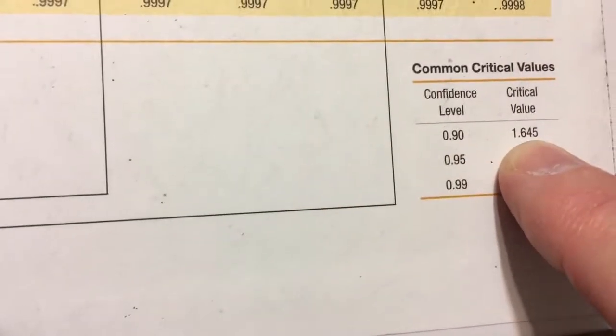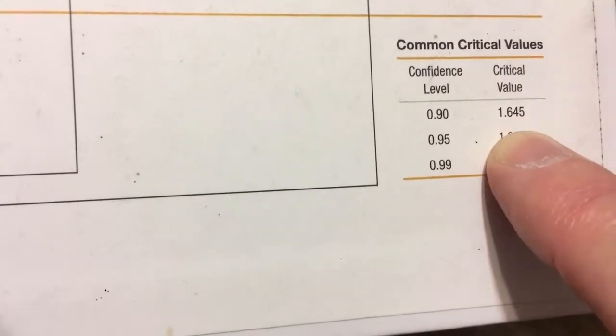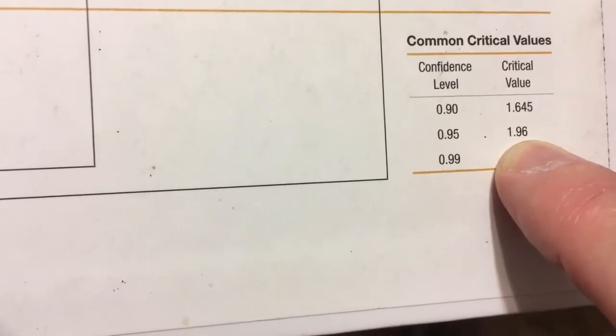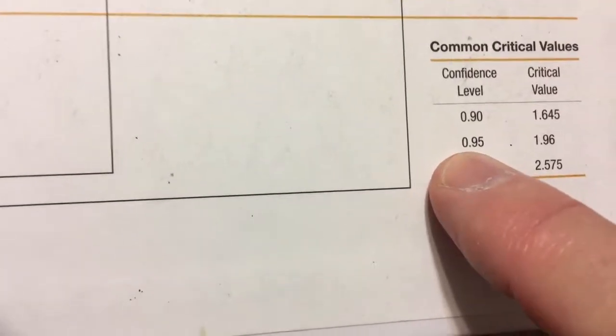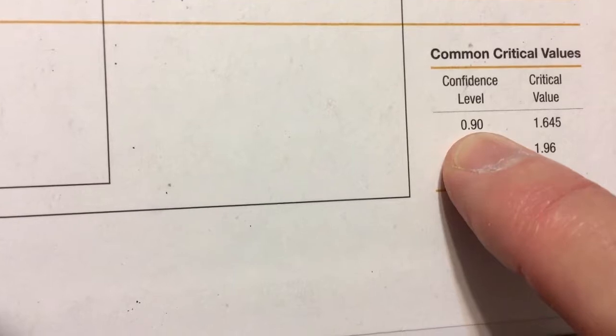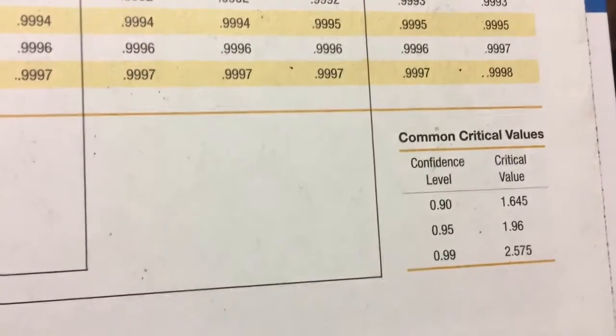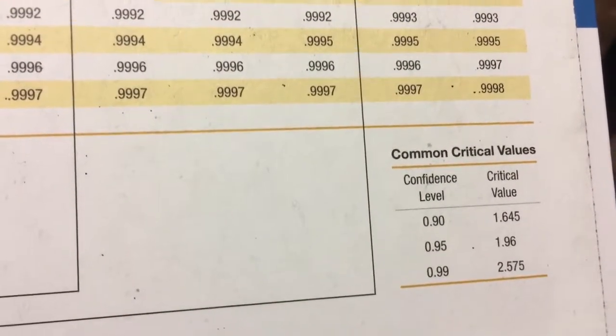So I'm going to use the 1.645 as my critical value, not the 1.96 that goes with 95, because that 95 is split into 2 tails. That 90 is split into 2 tails, which means 0.05 in a tail, and 1.645 is my correct critical value.